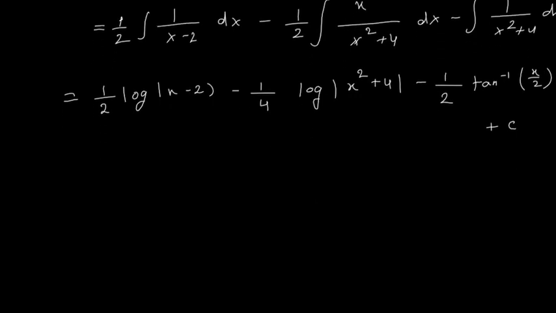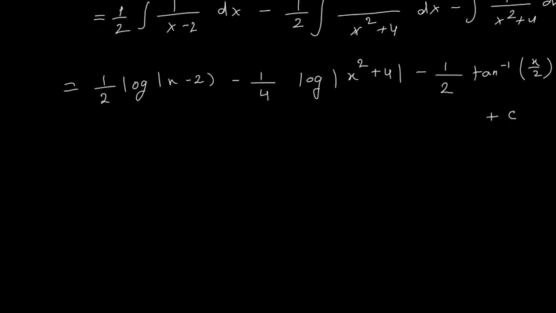So this is my final answer: 1 by 2 log of x minus 2 minus 1 by 4 log of x square plus 4 minus 1 by 2 tan inverse x upon 2. Right, simple question. Okay, so let us move to the next question.